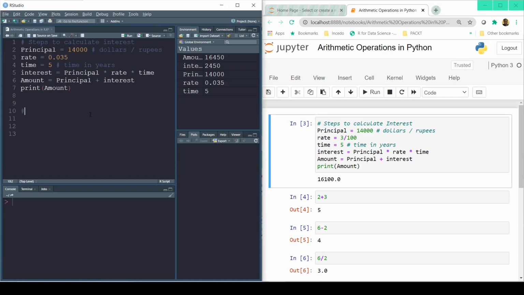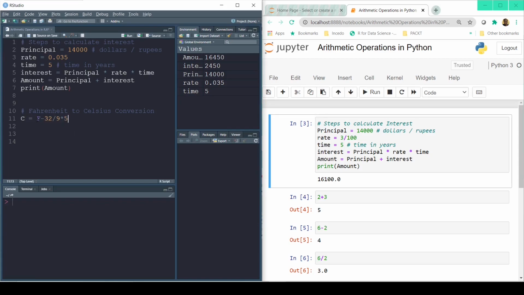So let me start off with another comment here. I would say Fahrenheit to Celsius conversion. Now we all know the formula C divided by 5 is equal to F minus 32 divided by 9. And if we bring the 5 to the other side, it becomes into 5 here, right?